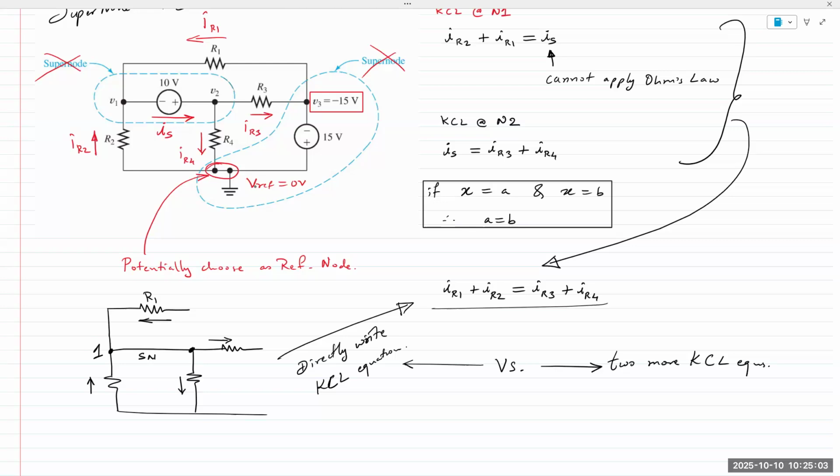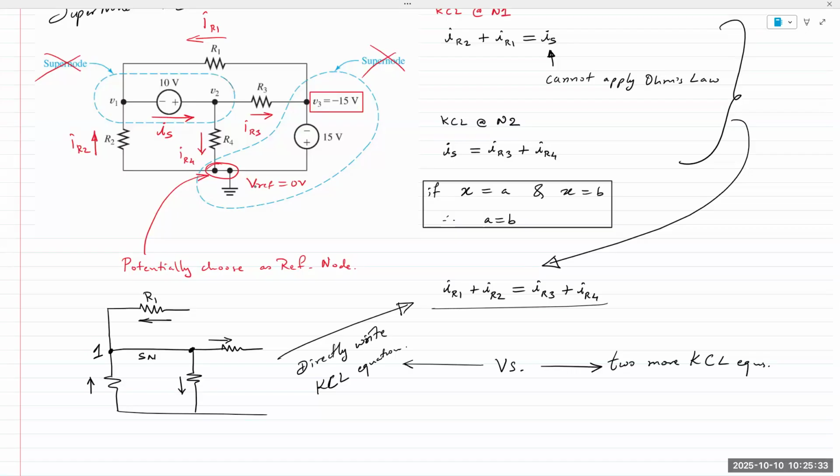I will have a problem where it says students must use node voltage analysis, but beyond that, you just show me how you apply the step-by-step analysis for node voltage, but nothing about supernode. Supernode will be optional. All right, any questions? All good?